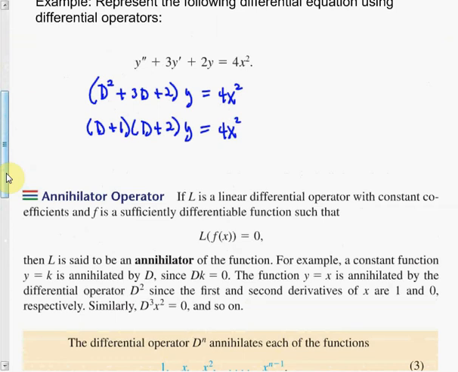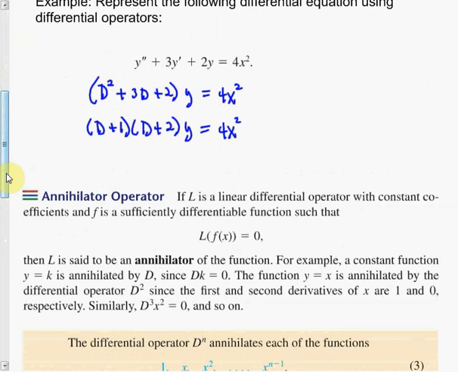Well, we have a schematic chart here that will show us the forms of these annihilators on certain functions. The so-called annihilator operator is denoted with this capital L. So how can I annihilate a function f of x?